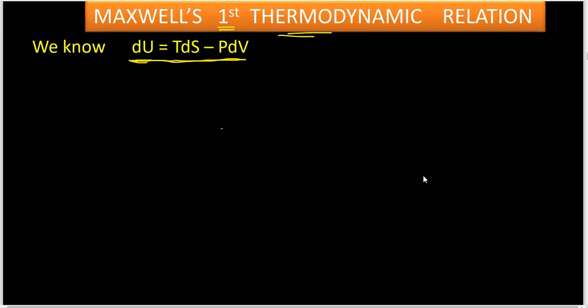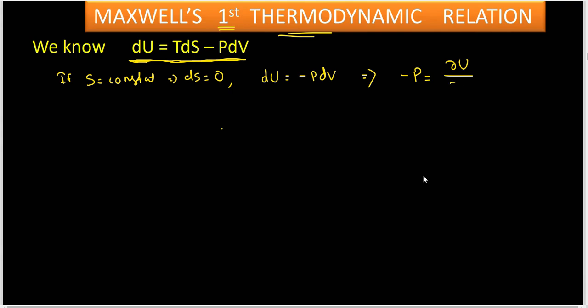What is dU? So if S is constant, then dS equal to 0. Then dU is equal to minus PdV. That implies minus P is equal to del U by del V at constant S. ये तो हम डिराइव किए थे फर्स्ट पार्ट में.